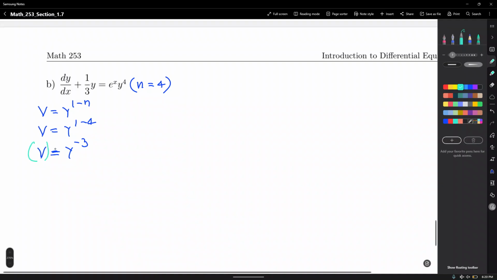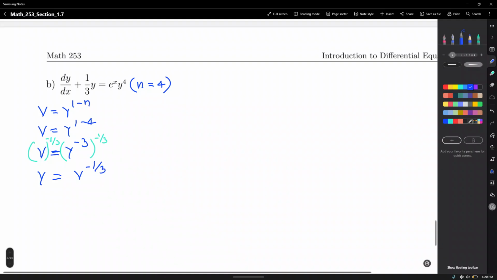Let me raise both sides to the negative 1/3. Okay, much better. I feel safer this way. Because negative 1/3 on the outside multiplying with the negative 3 on the inside outputs a 1 as the power overall, right? So y equals v to the negative 1/3.